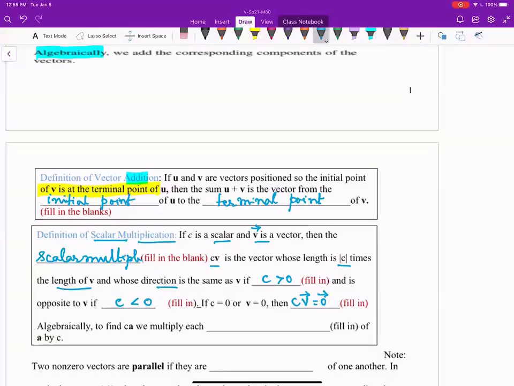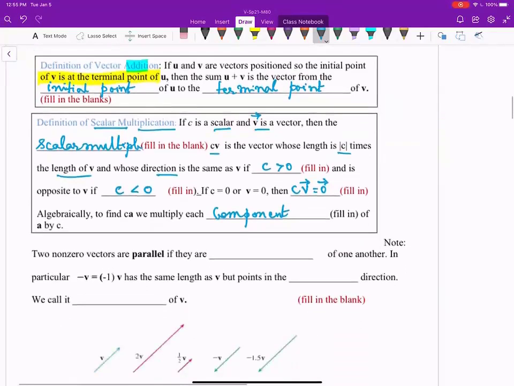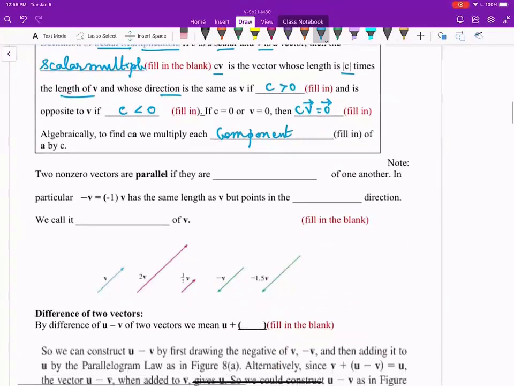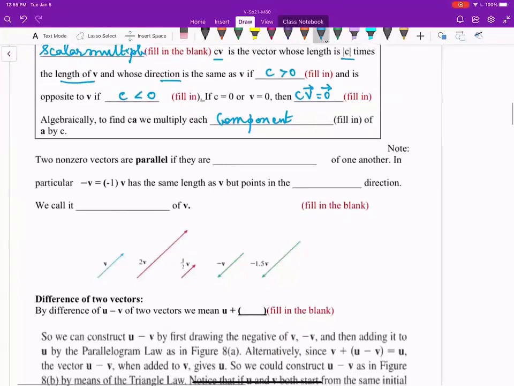Algebraically, to find CA, we multiply each component of A by the scalar C. If you look at this picture here, V is the first line in blue.